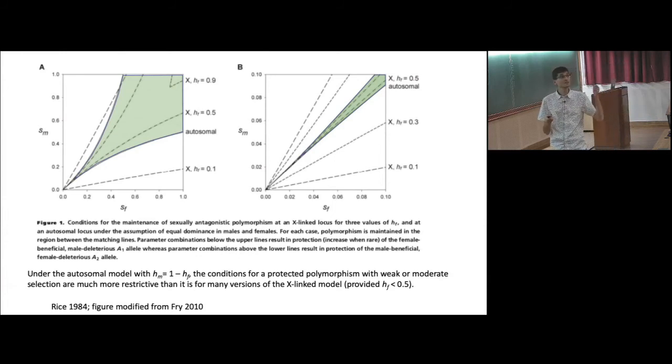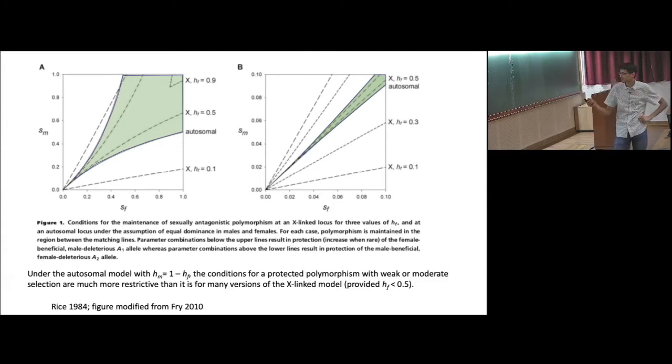But under this assumption of equal dominance, that won't work for the autosomal case, right? Because if the allele that's bad for females is recessive, then the same allele is recessive in males, but that's the good allele, right? And so then that's a problem, right? Because you can't make that same argument that I made earlier, both when a given allele is rare and when it's very common.